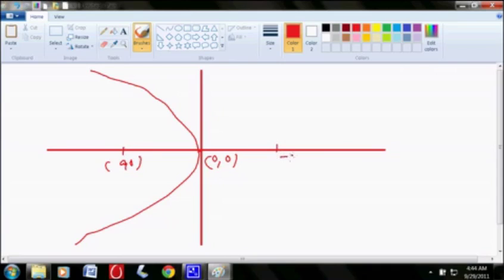I'm sorry, this is minus a, 0, so this is plus a, 0. This is the directrix. Then the latus rectum will come somewhere here.